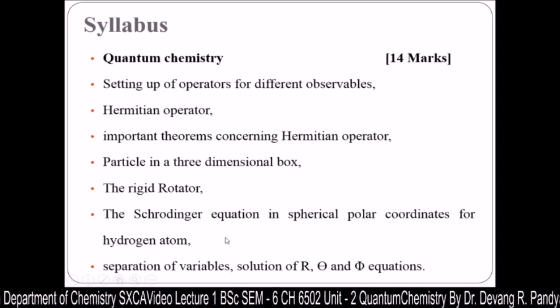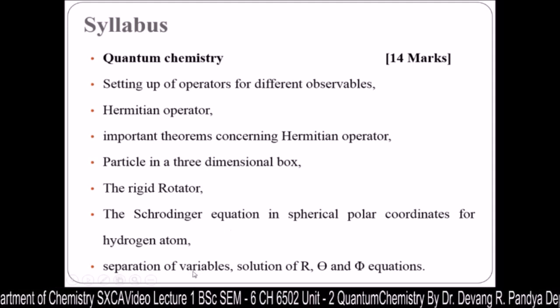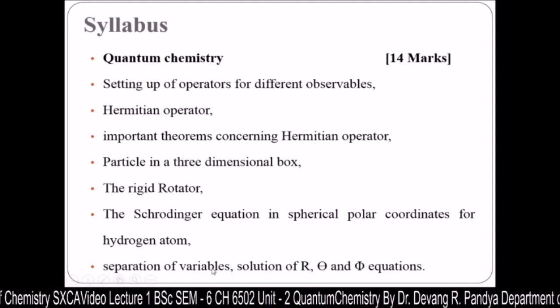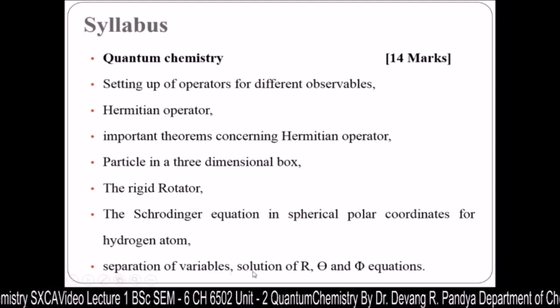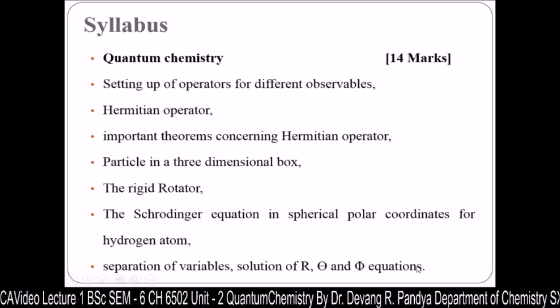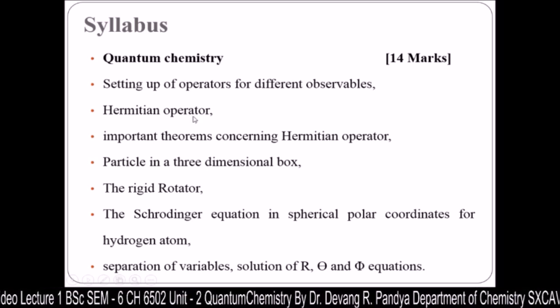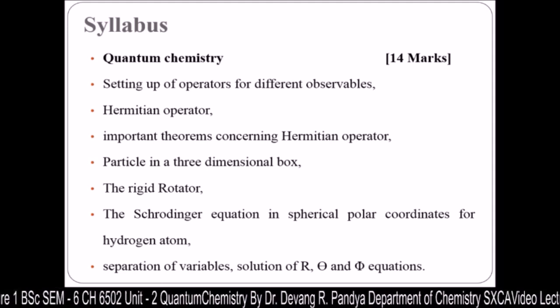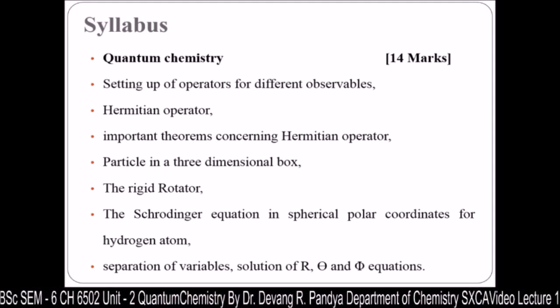From that equation we're going to separate variables, and after the separation we'll discuss the solution of the r, theta and phi equations. So this is the complete syllabus for quantum chemistry unit 2 for CH6502.